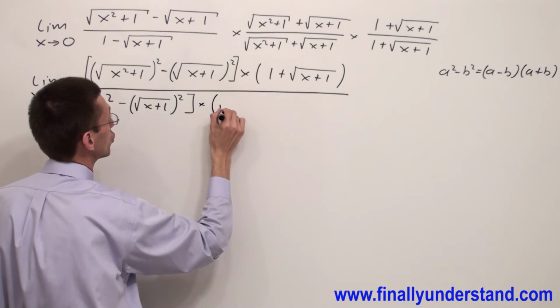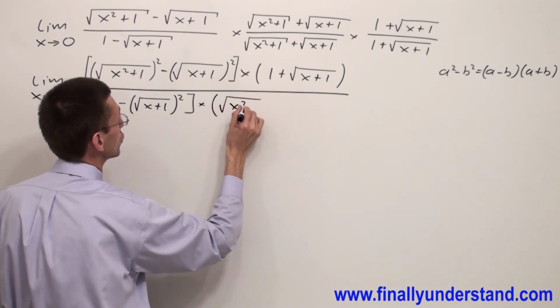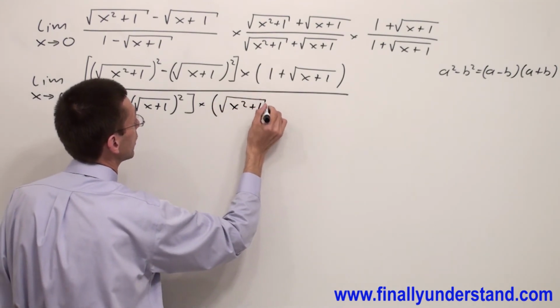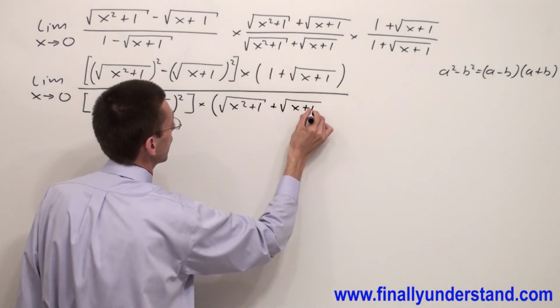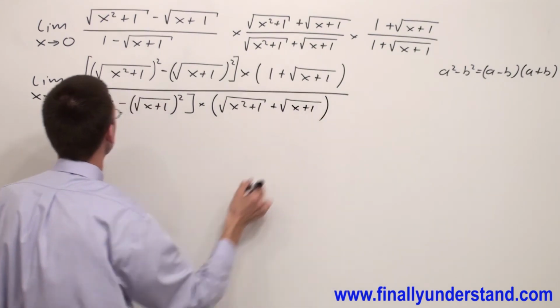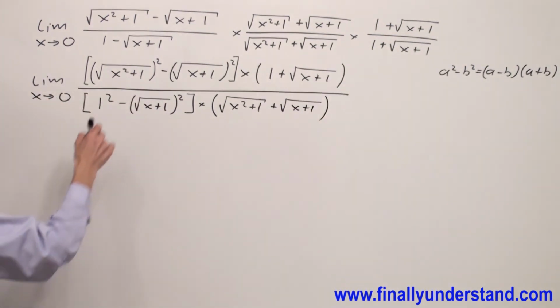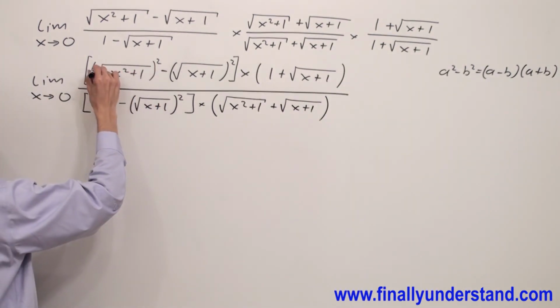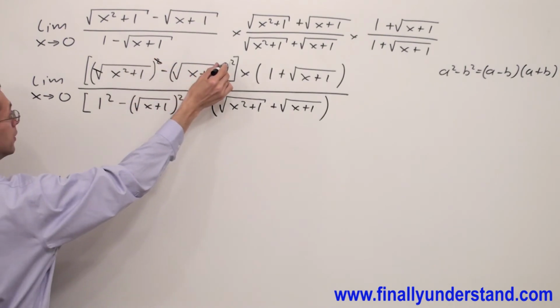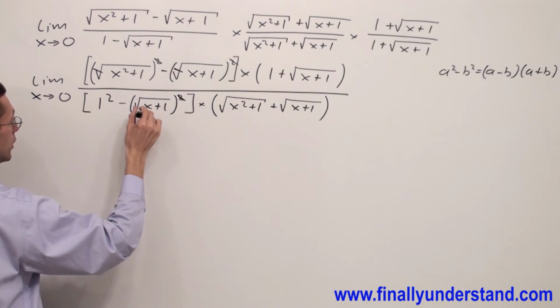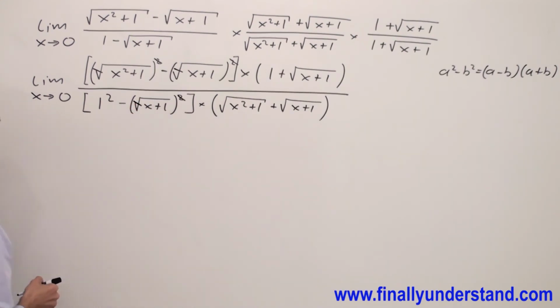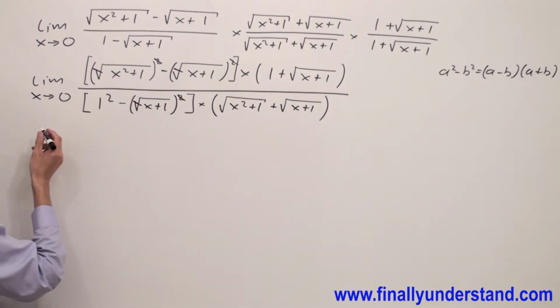I have square root of x squared plus 1 plus square root of x plus 1. This square is going to eliminate the radical, and this one is going to eliminate this radical. Copy down everything whatever is left.